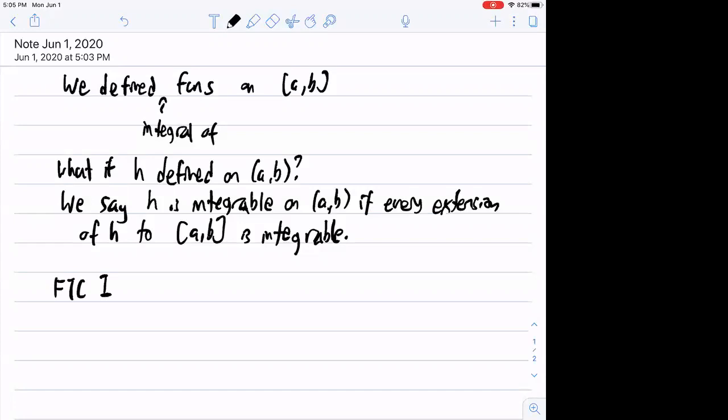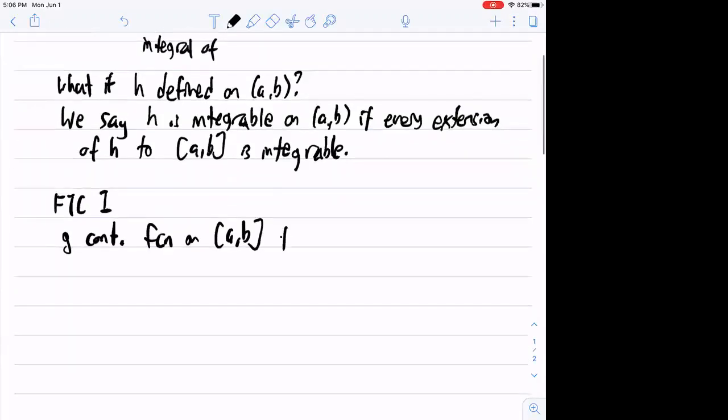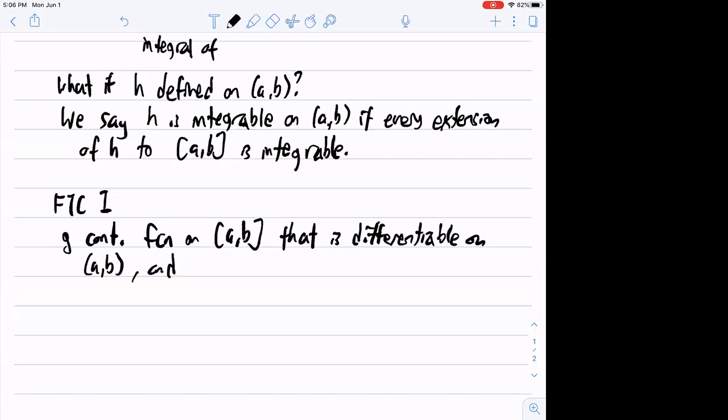Let g be a continuous function on [a,b] that is differentiable on the open interval (a,b), and g prime is integrable on [a,b].